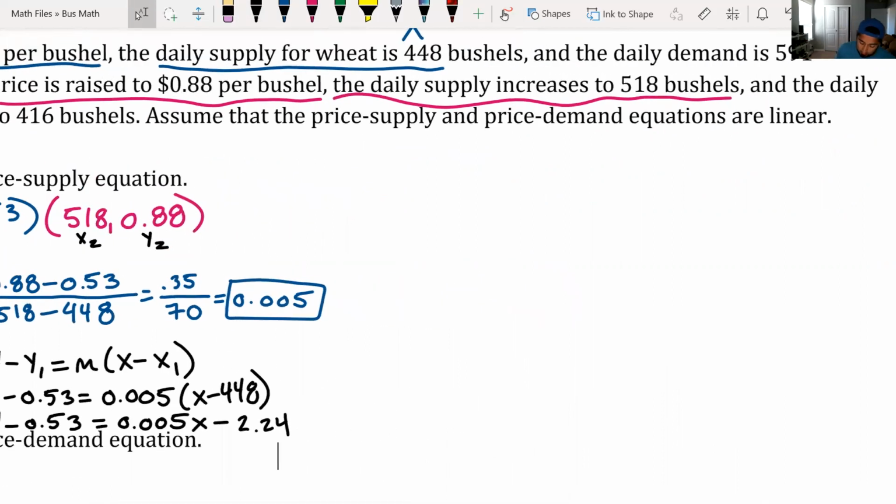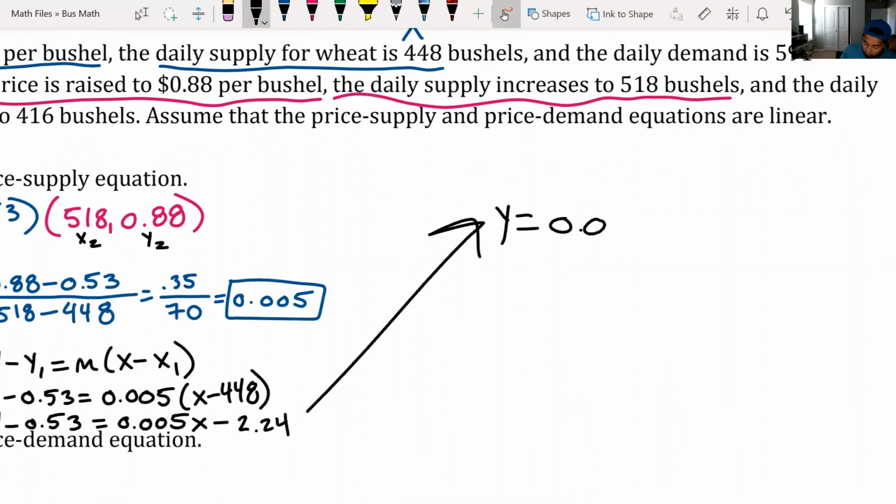All right, almost there. Add that 53 cents over. And we get y equals 0.005x minus 1.71.